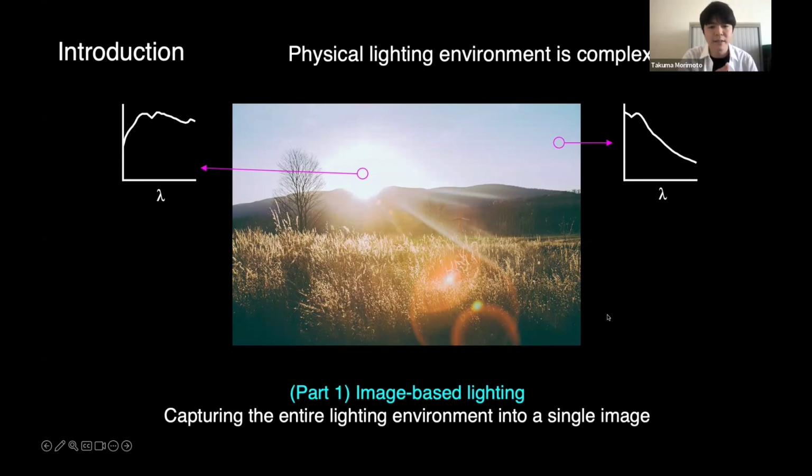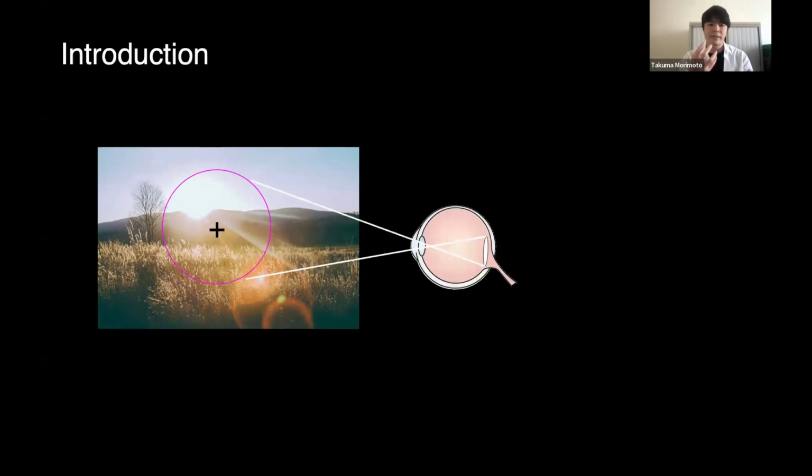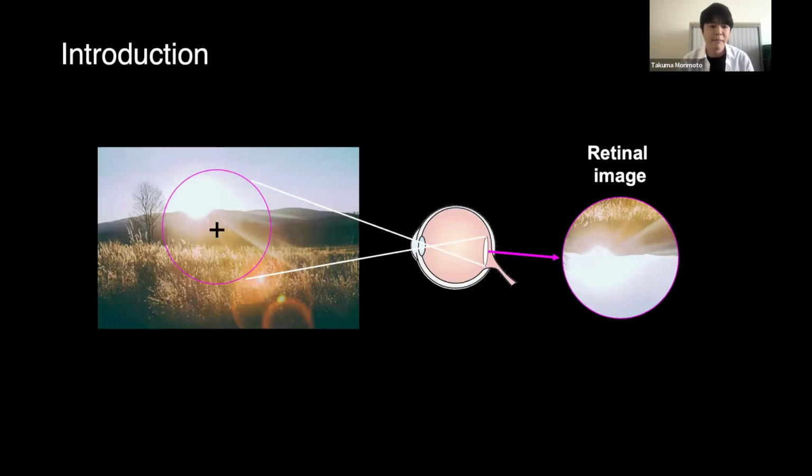So this first part is about characterizing our external physical environment. In the second part, I want to think about our internal world, our visual system. When we are fixating on this point, for instance, in a scene, part of the scene is projected onto our retina like this, and our retinal image, for instance, will be like this.